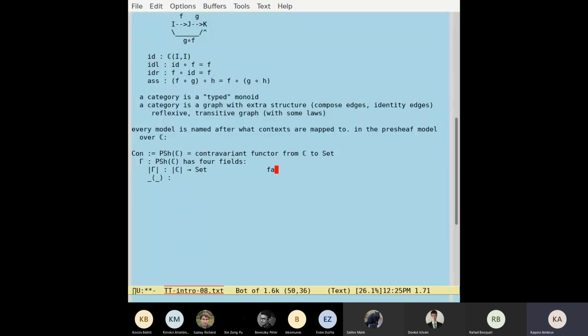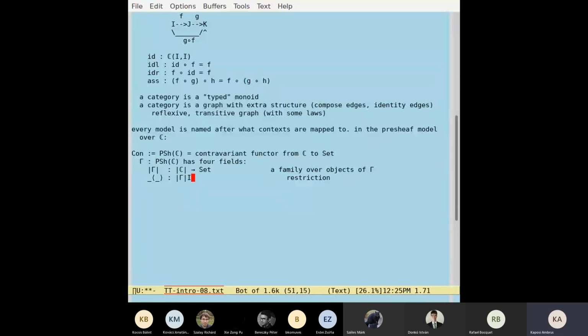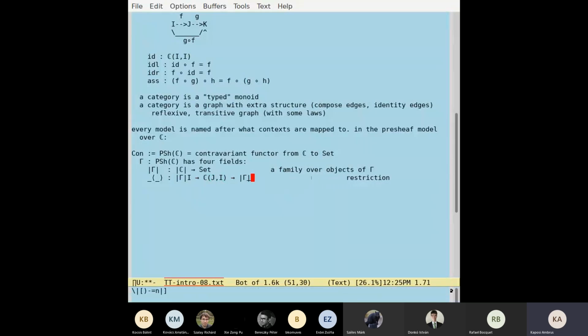I don't know. So a family over objects of gamma, and this is usually called a restriction. Okay, I write it down and then I make a drawing too. Then it will be simpler to understand. So if you have an element of the family at I, and then you have a morphism from J to I, then you also obtain an element of the family at J.